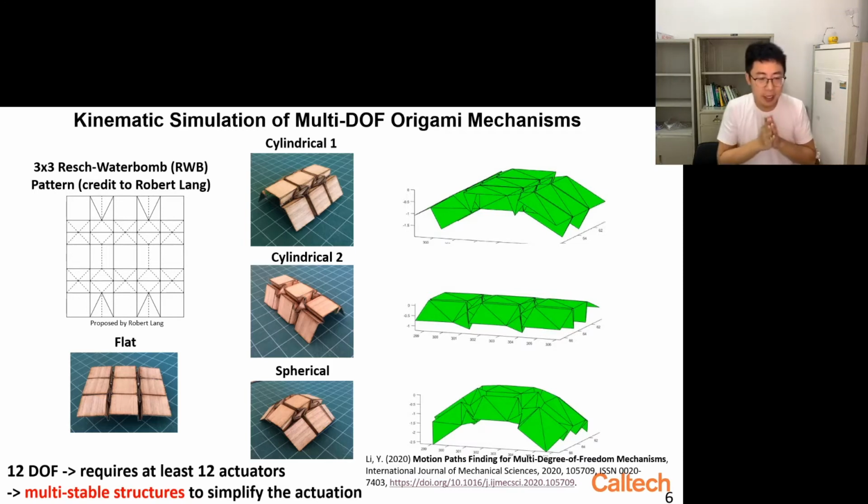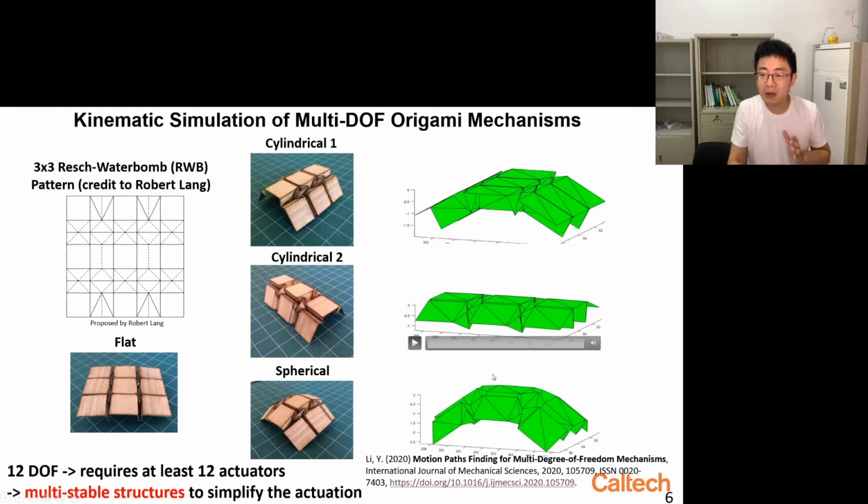Here's the link. So the idea is, what if we can transform this multi-degree freedom mechanism into a multi-stable structure, and that multi-stable structure happens to be stable at all these 4 target configurations?